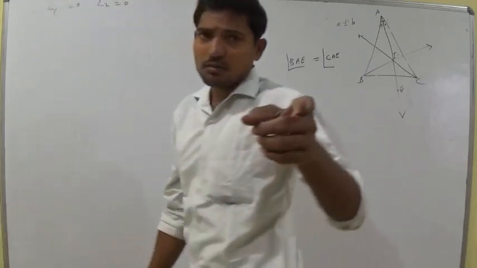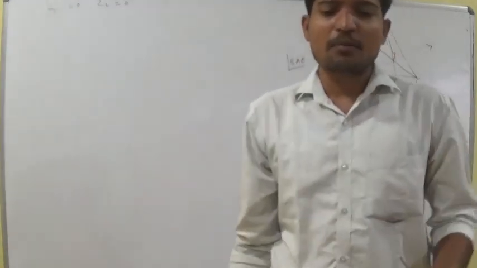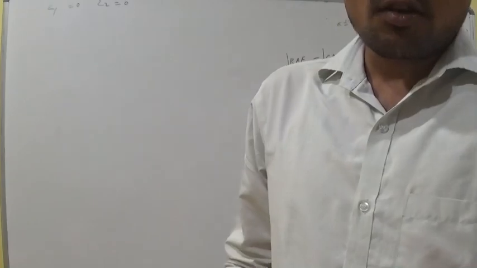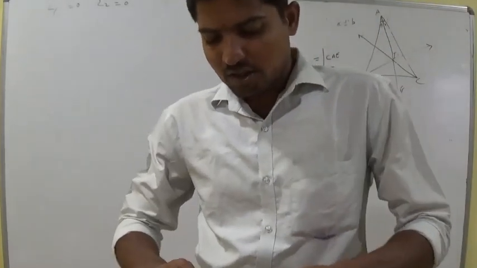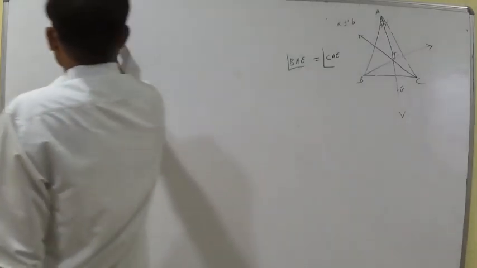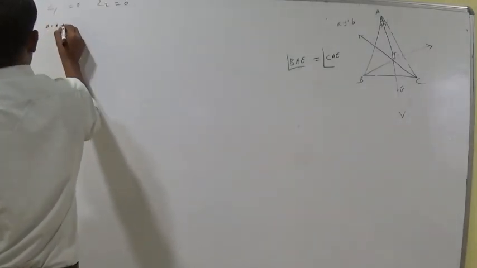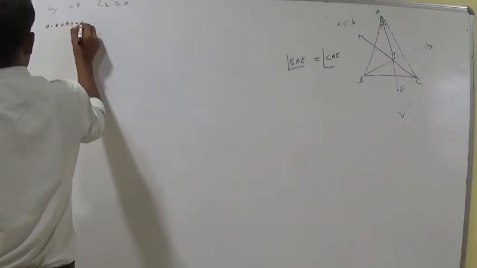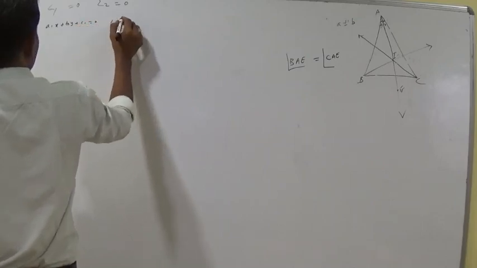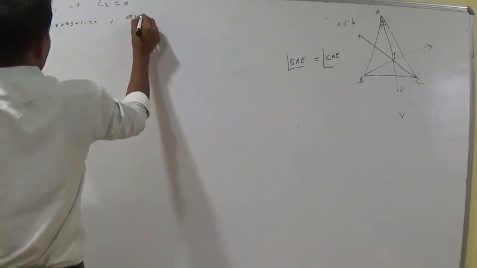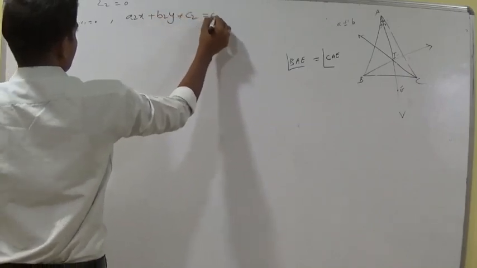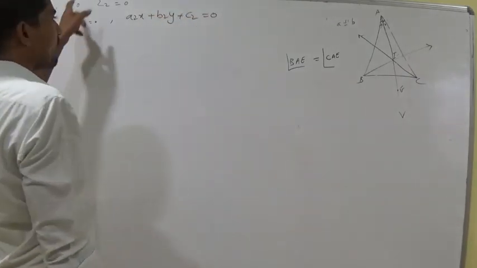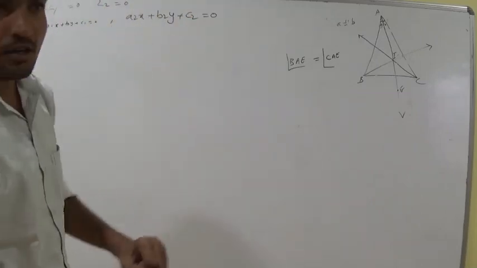L1 is equal to 0 means A1x plus B1y plus C1 equal to 0 and A2x plus B2y plus C2 is equal to 0. These are L1 is equal to 0 and L2 is equal to 0.